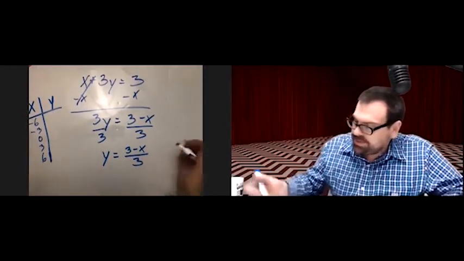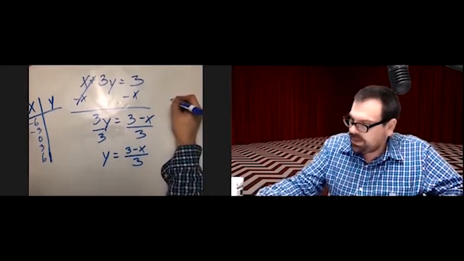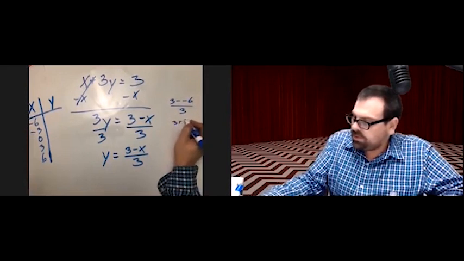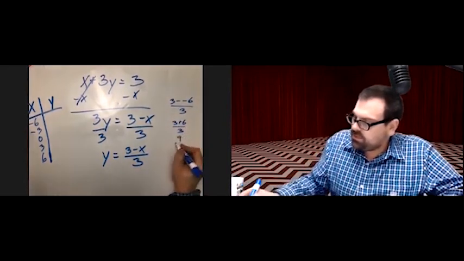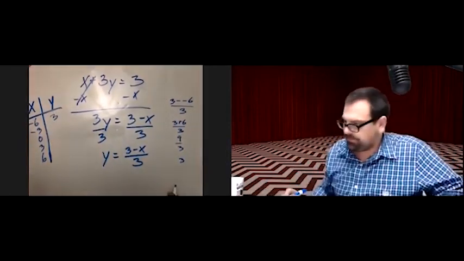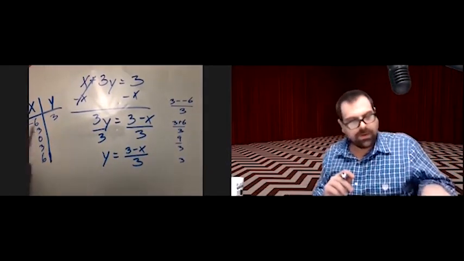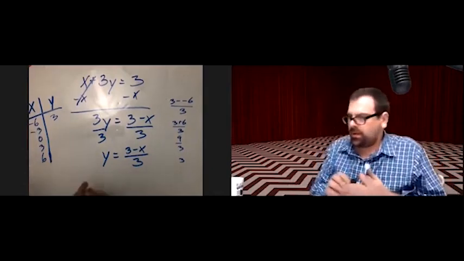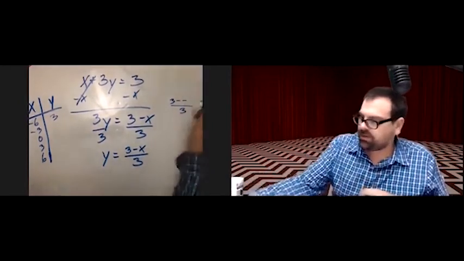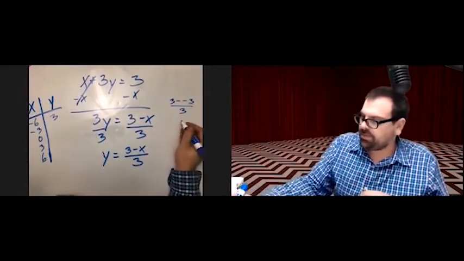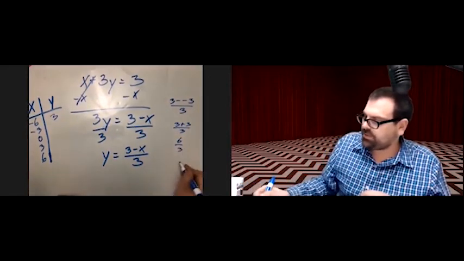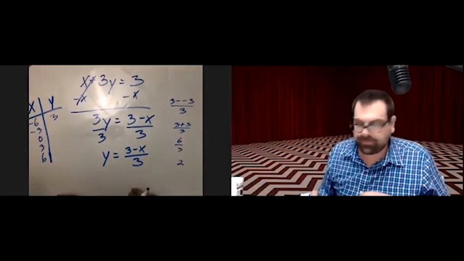If I plug in -6, 3 minus -6 over 3 would be 3 plus 6 over 3, which would be 9 over 3, which is 3. If I plug -3 in, 3 minus -3 is 3 plus 3 over 3, which is 6 over 3, which is 2.